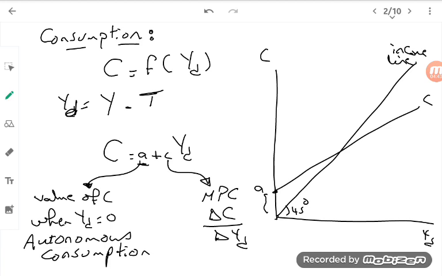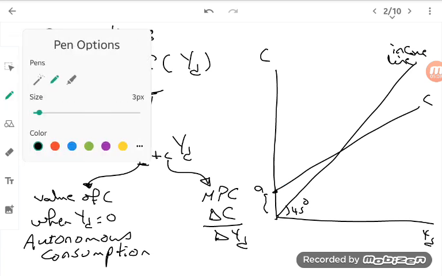If you compare this line and the consumption line, you can find whether the individual or the country is going to save or use from their own savings, or whether consumption equals income, so that it's a break-even point.